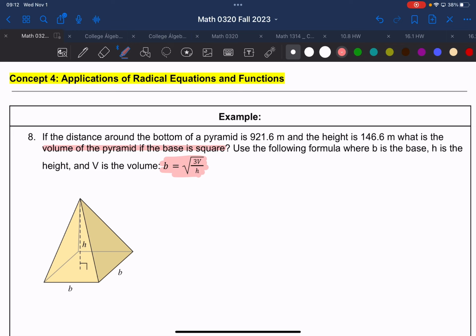Okay? So this is going back to those literal equations where we had to rearrange the equations that had multiple variables. Okay, so we're going to get this equation where V is by itself. So we have B is equal to the square root of 3V over H. What would be our first step to get the V by itself?